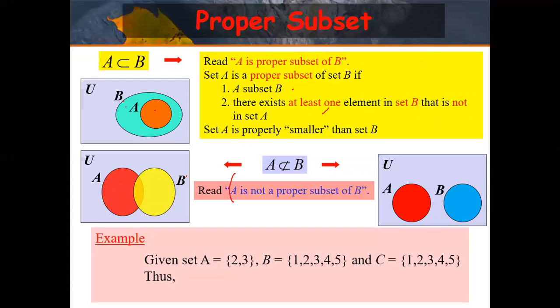Okay, so let's see the example. Given set A 2, 3, example yang sama dengan the previous subset slide. Set B 1, 2, 3, 4, 5, set C 1, 2, 3, 4, 5 as well.